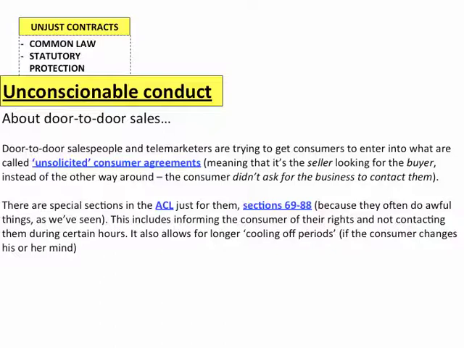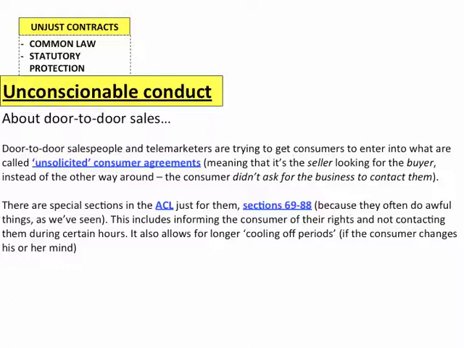You're not allowed to be at their house or ring them up during certain hours. There are longer cooling off periods, like if you go to a shop and buy something versus when someone comes to your house. Maybe you are saying yes just because you want them to get out of your house or leave you alone. Some people will do that, whether consciously or unconsciously.